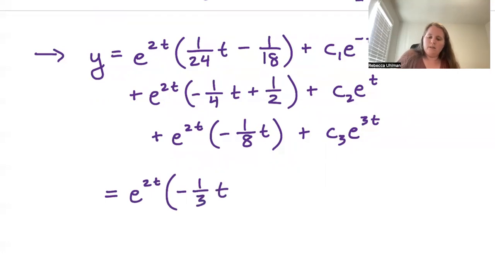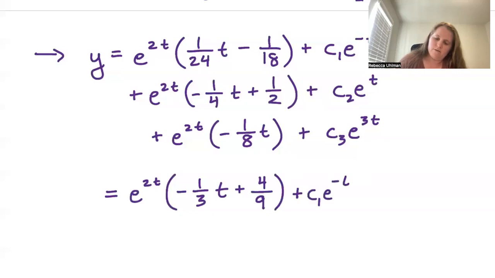Minus 1/18 plus 1/2, we would be looking at negative 1/18 plus 9/18, which is 8/18, or 4/9. So I have e to the 2t times negative 1/3 t plus 4/9 plus c1 e to the negative t plus c2 e to the t plus c3 e to the 3t.